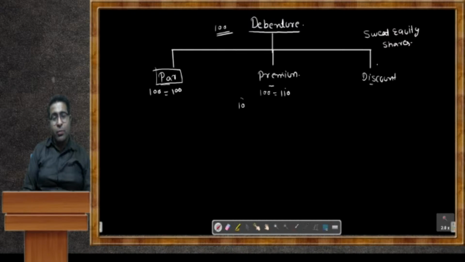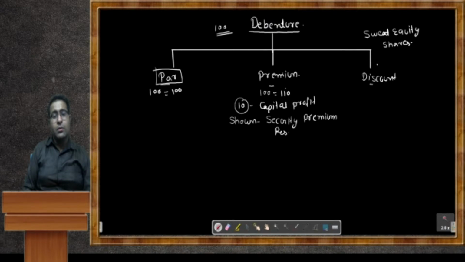So this 10 rupees is a capital profit, which must be shown in a separate account known as securities premium reserve account.